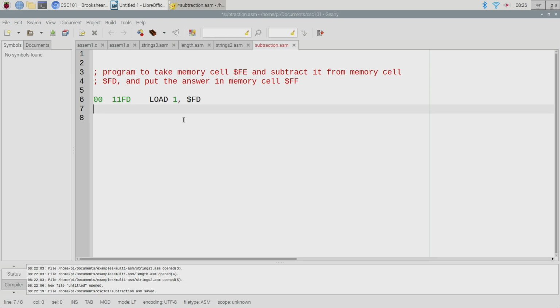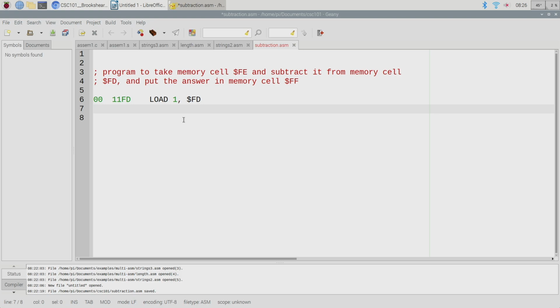Okay, so what I'm doing here as I go is making what's called a listing, and a listing has sort of 3 or 4 columns depending on how you want to think about it. The first one is going to be which memory addresses the instructions go into, and where's the very first instruction have to go in memory on this computer?